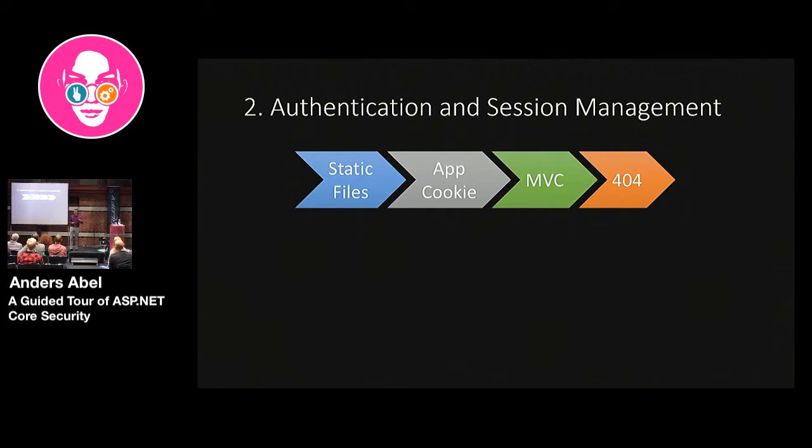It can pick up the cookie that is there in the browser, verify it, extract the user identity and attach that user identity to the request. So when the MVC module kicks in, the MVC module can check the user identity and use that for authorization and decisions on whether you are allowed access or not.